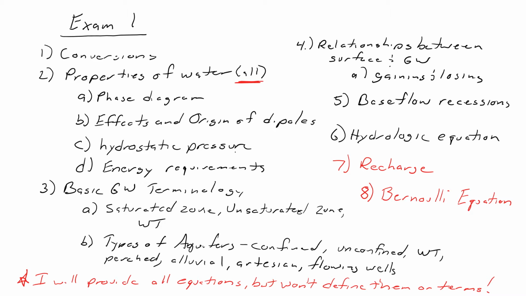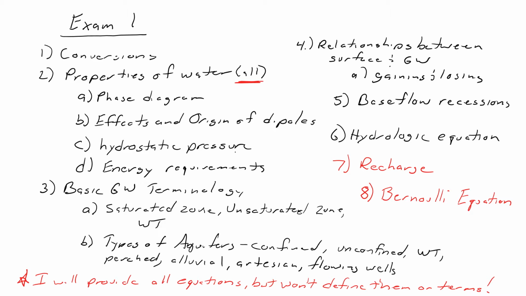We talked about the generation of hydrostatic pressure and how to calculate it: depth times density times gravity. And then we spent a fair bit of time talking about the energy requirements for getting water to change temperature and change state. Remember, it requires 1 calorie per degree per gram of water to raise the temperature.